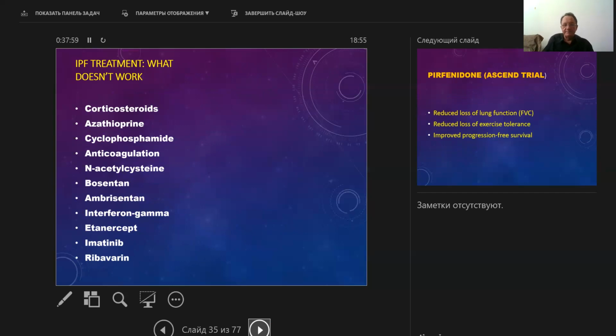What treatments don't work for IPF? First of all, corticosteroids and immunosuppressor drugs, including azathioprine, cyclophosphamide, and others.